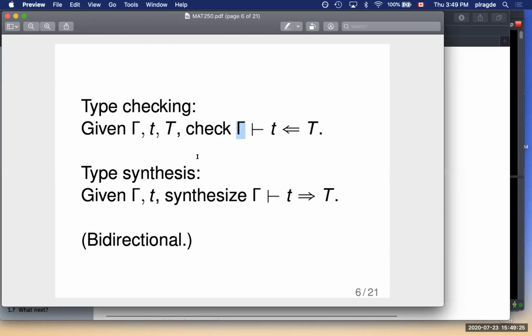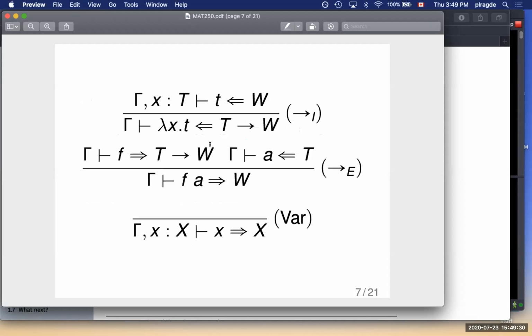Okay, so let's look at what the bidirectional rules should be. This is supposed to be a review, but it's not. I presume Taras will give you copies of these slides, but in any case, all of this stuff is in Lossy, so you'll be able to find it.